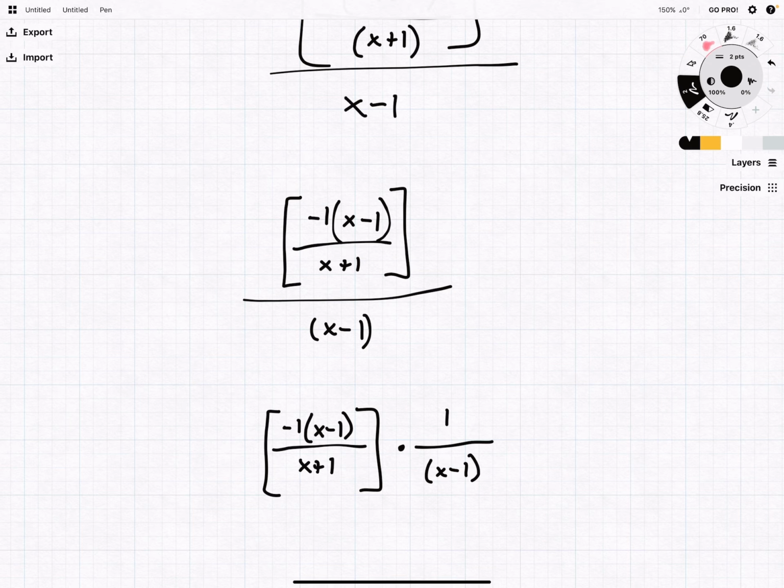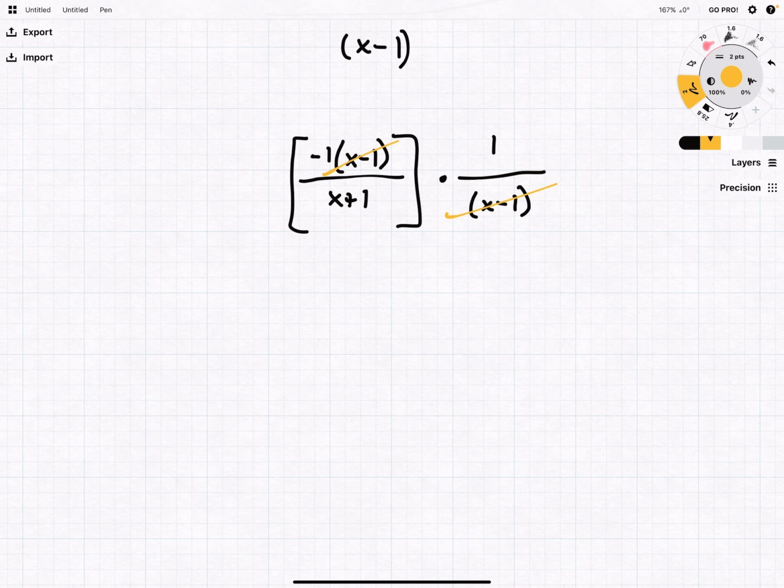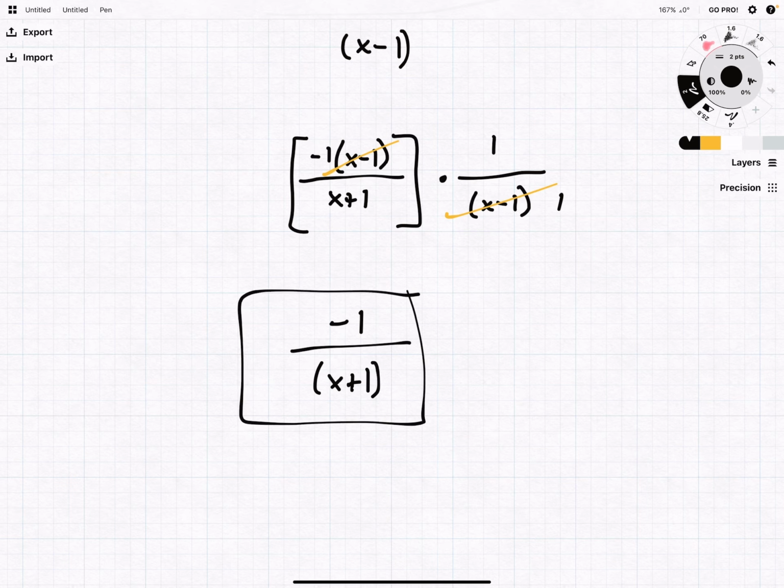We have an x minus 1 in the numerator and an x minus 1 in the denominator. So now we just have, if we're multiplying, negative 1 times 1, that gives us a negative 1. And in the denominator, we have an x plus 1 times what ends up being just 1. So negative 1 over (x plus 1). And that is our final answer.